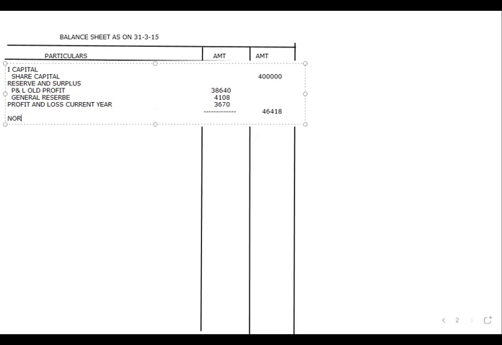So non-current liability. In this one, we are going to take 18% bank loan, and to this one we have an outstanding also. So that's why bank loan I'm going to take. How much he gave bank loan? 50,000.